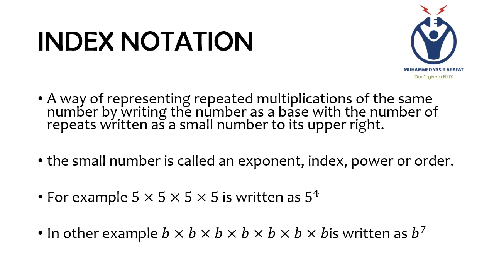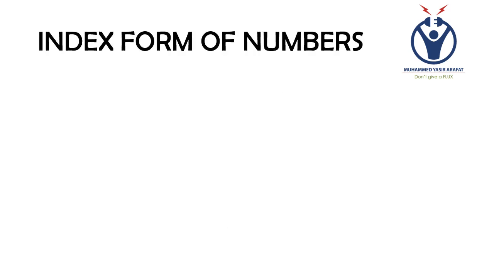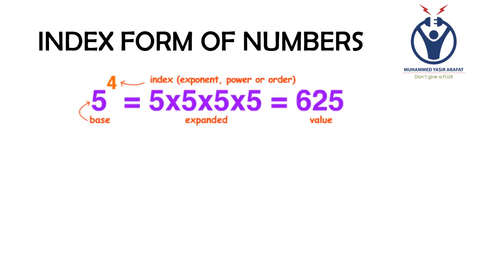In another example, if you multiply b with itself 7 times, the number of repetitions, 7, is placed as the index, and b is the base. In index form, we have written 5 as the base and 4 as the index.